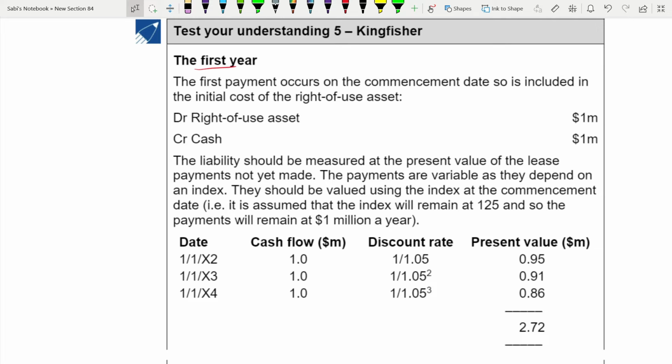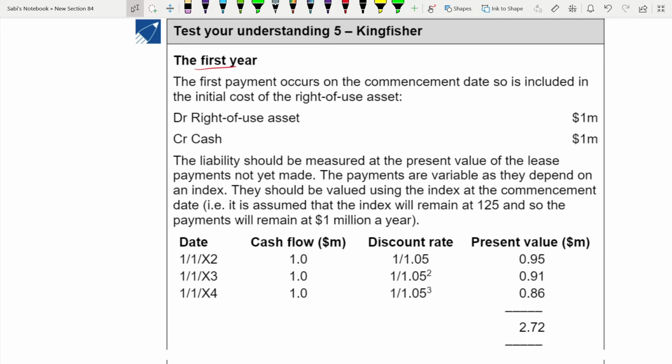It's just that in the second year the lease payment changes, and this is how you deal with it. Everything else remains the same: you calculate right of use asset, lease payment, interest, depreciation. Except in the second year, the change will come.